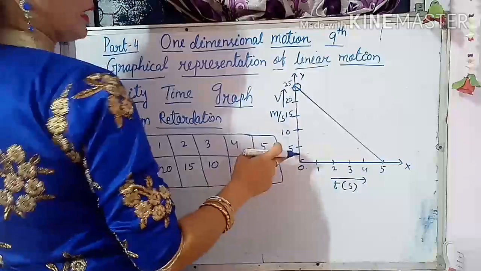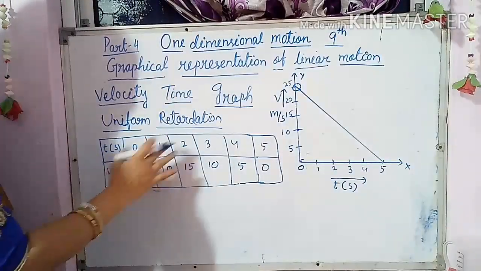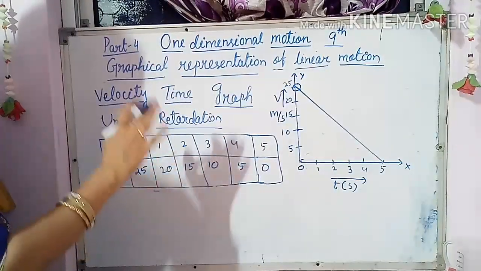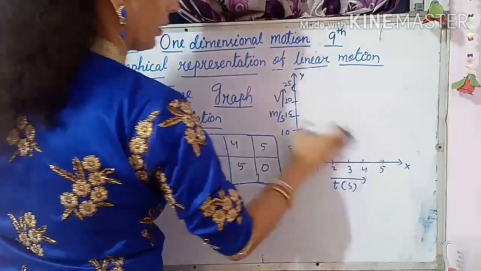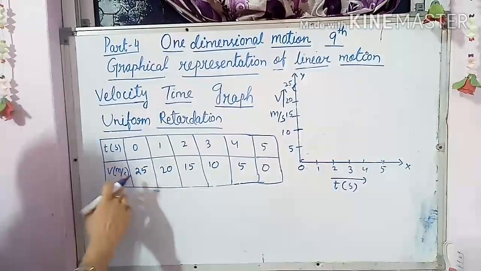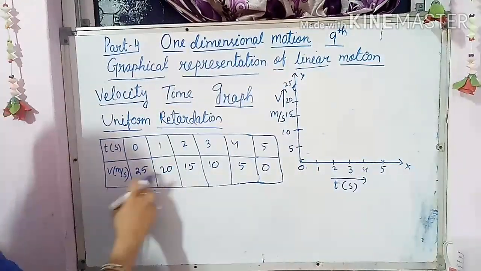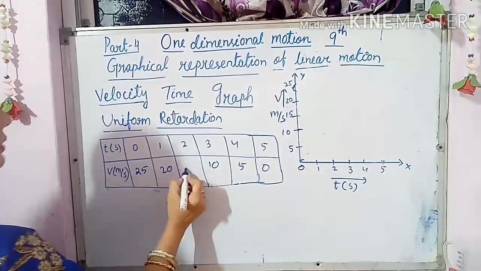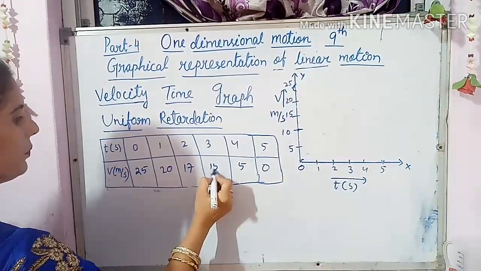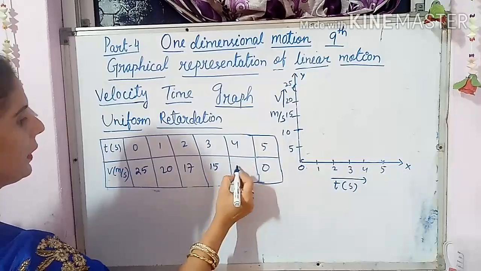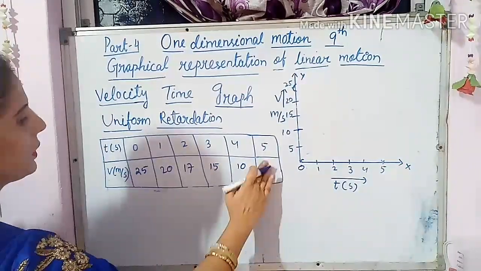Now go to the second case, where your velocity decreases but not in a continuous manner. I will draw it like this. Suppose velocity decreases, suppose it is 20, but here it is suppose 17. Here suppose it is 15. Here suppose it is again 10.